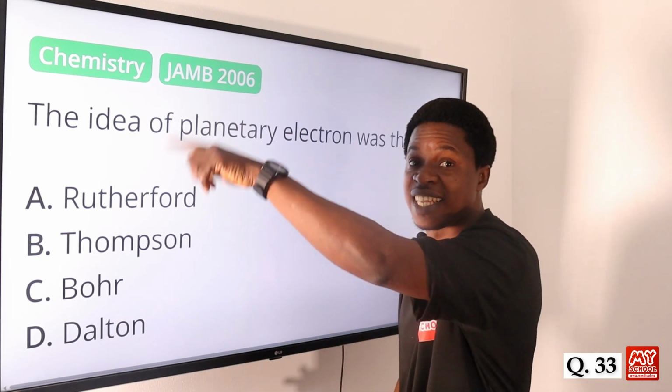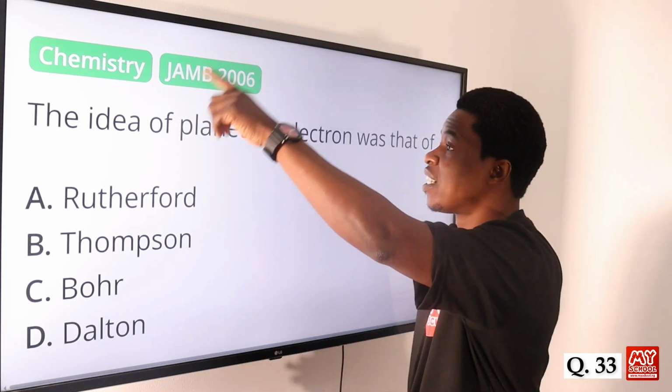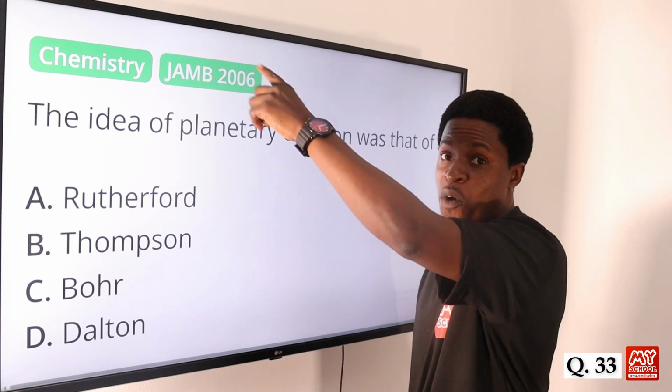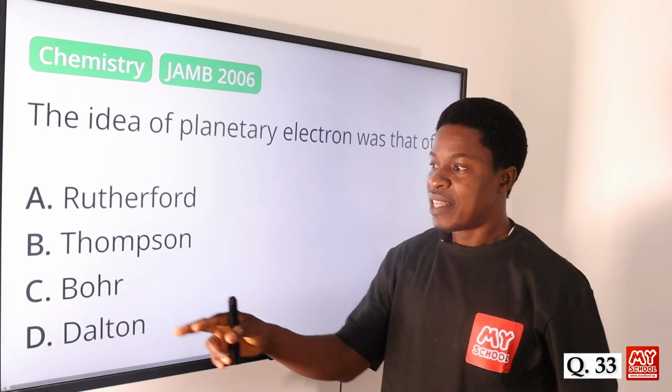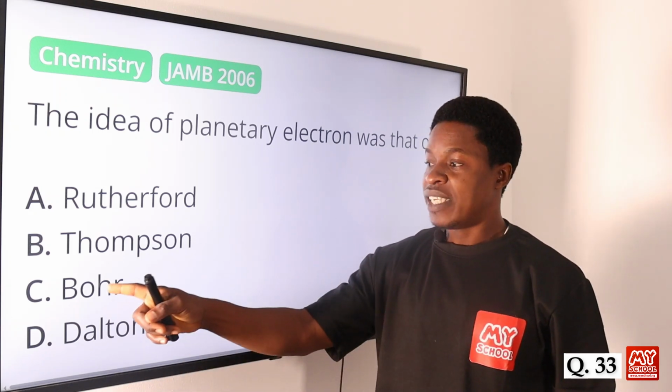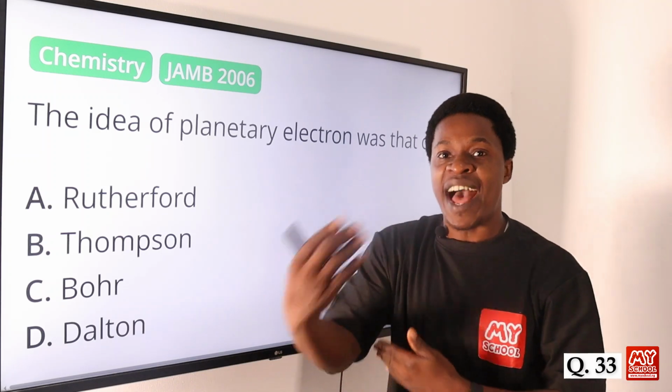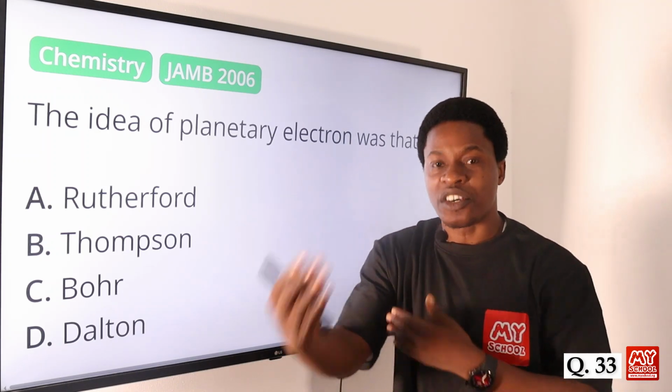He came up with the idea that electrons can begin to revolve in planetary form around the nucleus of the atom of an element. Then in 1913, Niels Bohr redefined it and worked on it again.